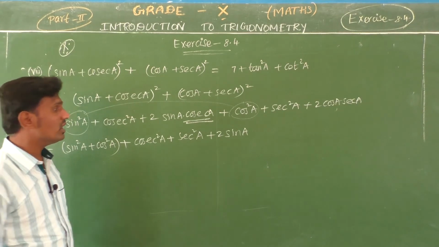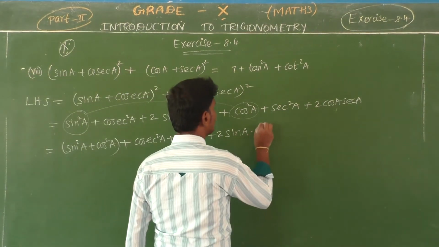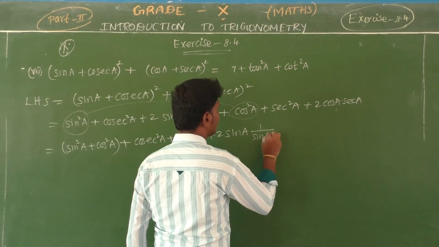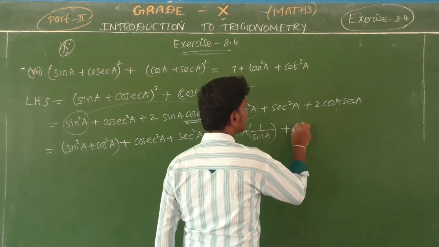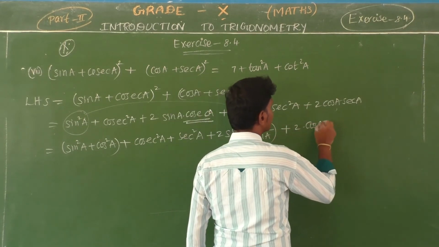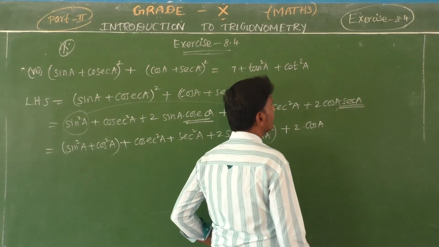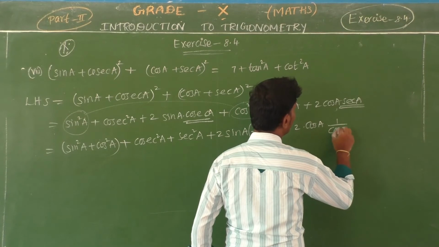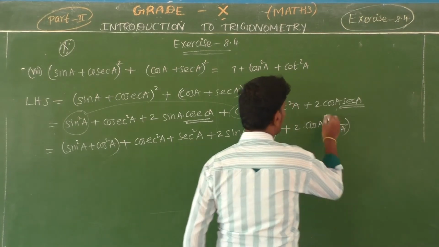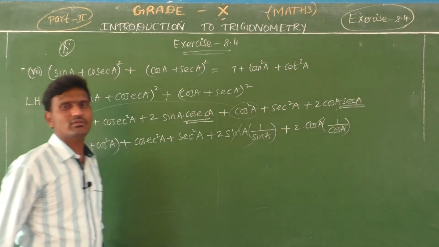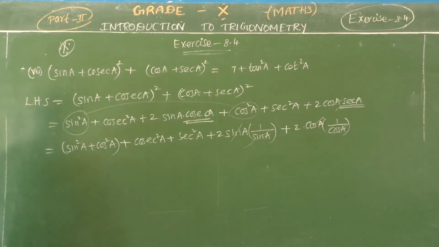What is the reciprocal of cosecant A? It is 1 by sin A, plus 2 into cos A into secant A, the same way, whose reciprocal is 1 by cos A. So sin cancels, cos cancels.